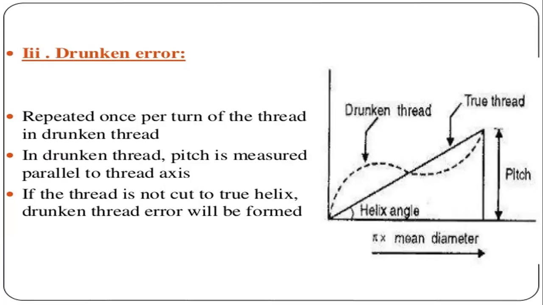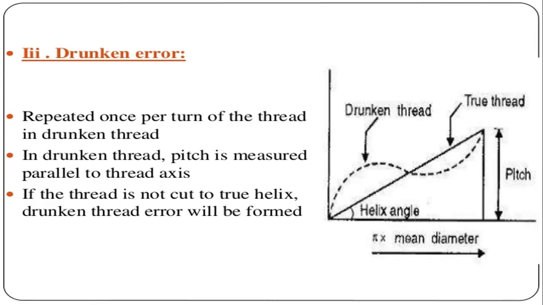The repeated occurrence of this drunken thread is due to the turn of the threading, which can occur once per turn. In the drunken thread, pitch is measured parallel to the thread axis.